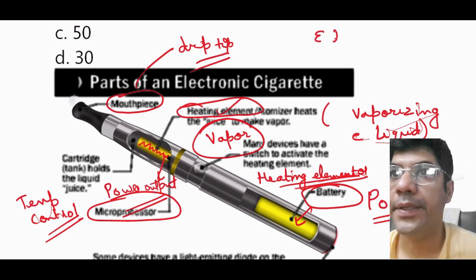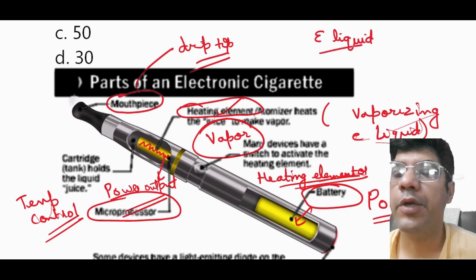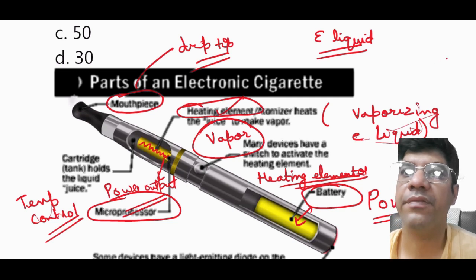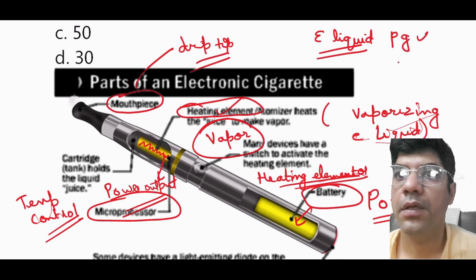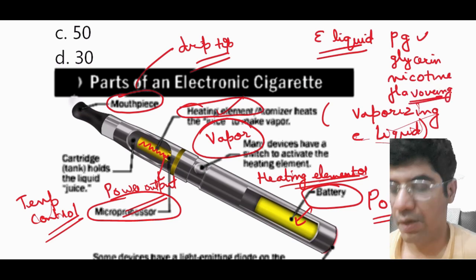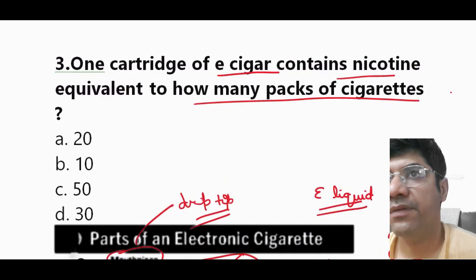Now what is e-liquid? E-liquid, remember, is the mixture that is used in e-cigarettes. It consists of propylene glycol, glycerine, nicotine, flavoring agent, etc. Now moving back to the question, one cartridge of e-cigarette contains nicotine equivalent to how many packs of cigarettes?